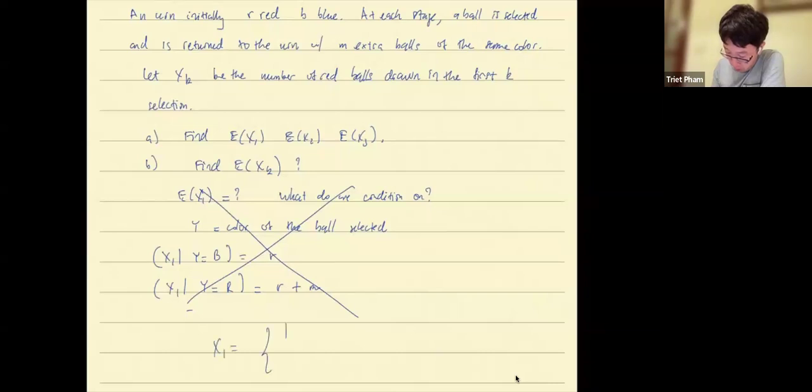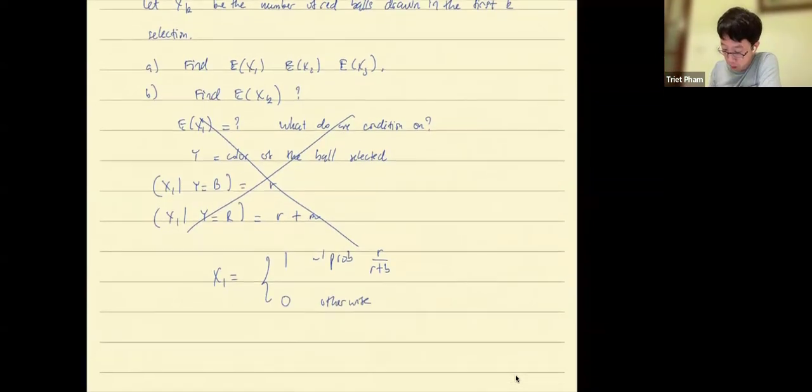X1 will be 1 with probability R over R plus B, because you draw one red ball. It will be 0 otherwise. That's the number of red balls drawn after the first selection. So therefore, the expectation of X1 is R over R plus B, period.